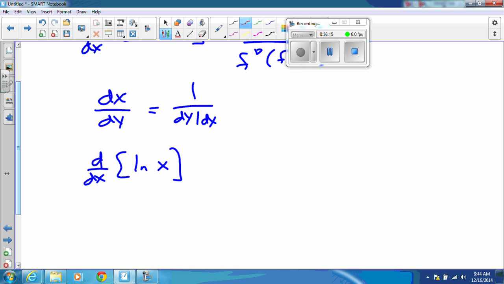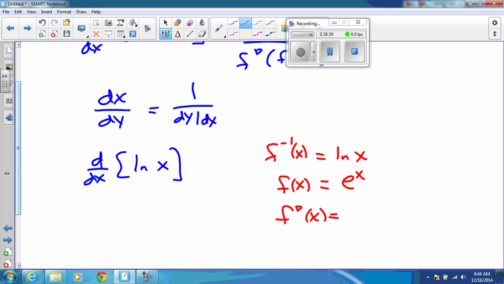One of them is the derivative of ln x. Here we think about ln x as the inverse of a parent function. What would that parent function be? e to the x. Now, using the inverse function theorem, we follow the form.